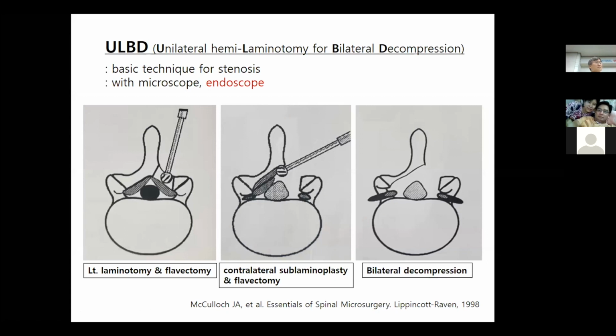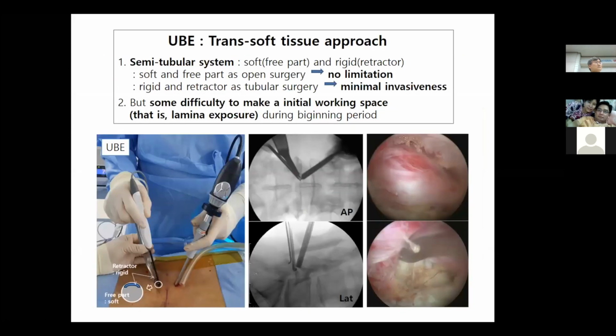My concern is saving the soft tissue from skin to lamina. So UBE is defined as a trans-soft tissue approach.